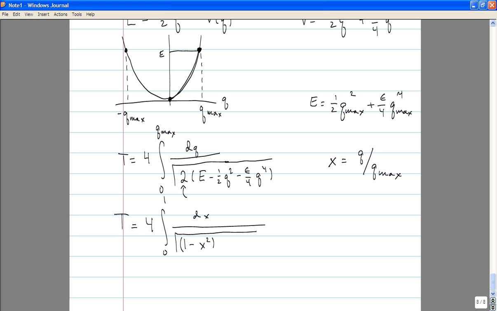And then we get plus a constant, which is epsilon Qmax squared over 2 times 1 minus x to the 4th. That 1/2 comes because I have 2 times a quarter, and the Qmax squared just comes from keeping track of the Qmax squareds. So I'll just let epsilon prime be epsilon times Qmax squared over 2.